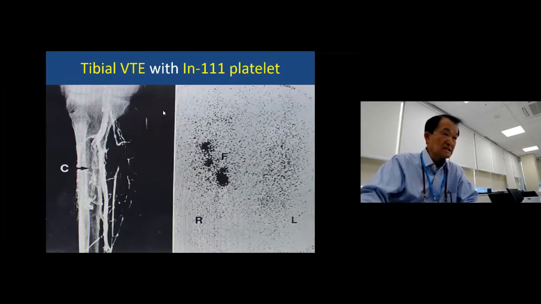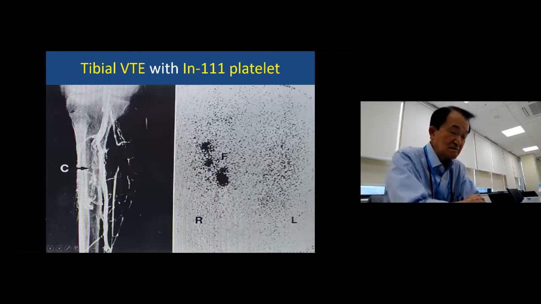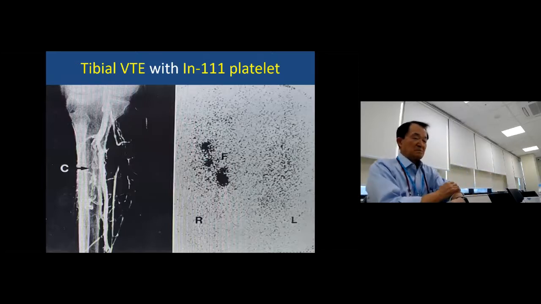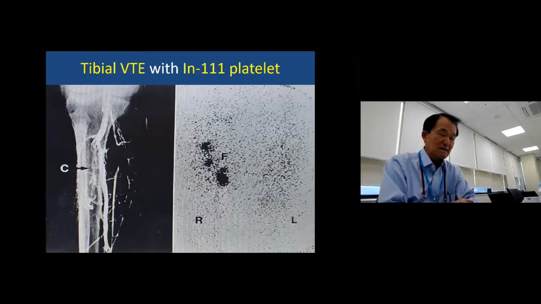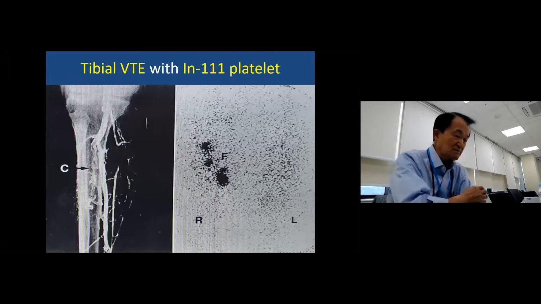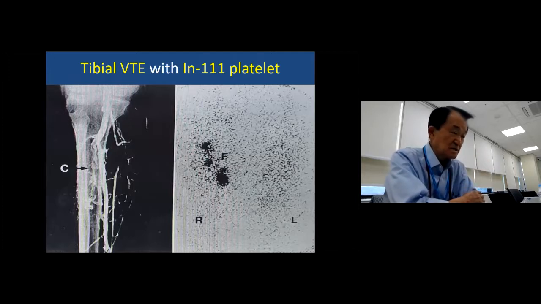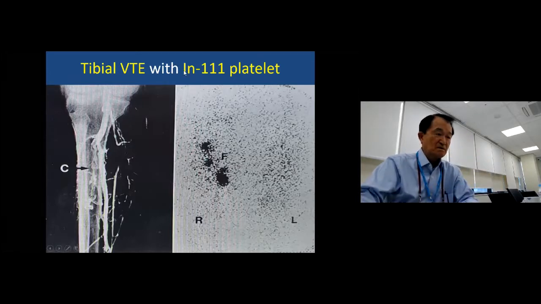Now, this is the indium platelet. So this is certainly acute arterial platelet accumulation. This requires TPA rather than heparin to melt down this acute blood clot.